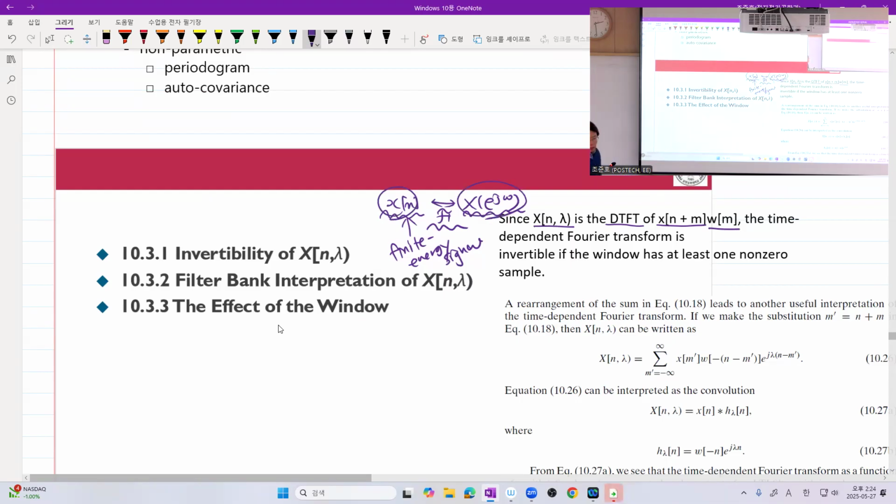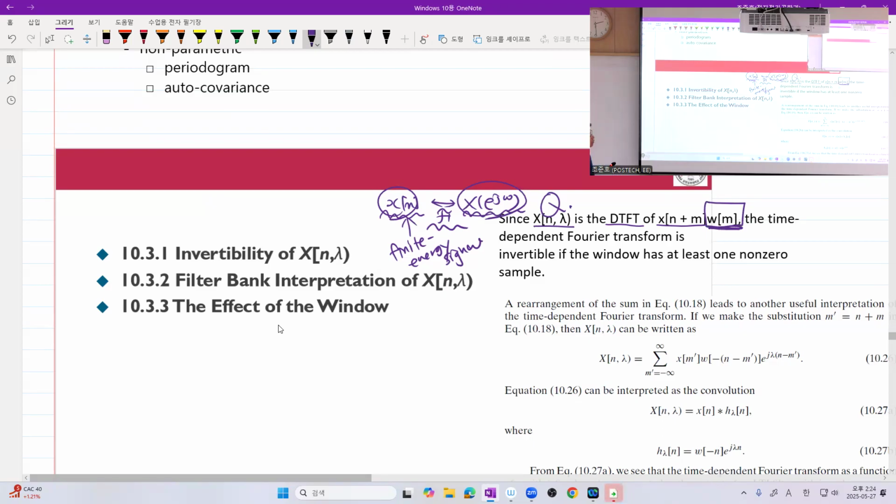Now the question is whether the time-dependent Fourier transform, which is the DTFT, is again an invertible operation or not. And the answer is, not always. It depends on your window function.